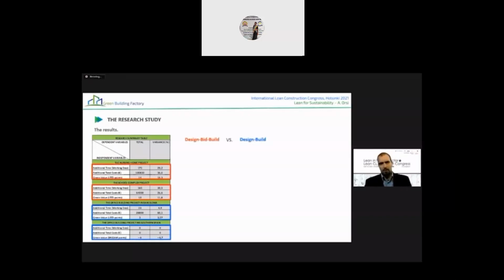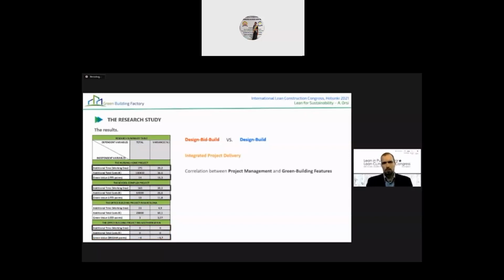For example, the difference between implementing a design-bid-build rather than a design-build process. The first one turned out to be much better than the second one. The huge benefits of implementing an IPD approach, the positive relationship between project management and green building features, and vice versa, and other results.